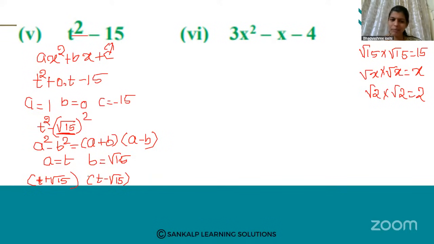Now next step is I will equate these two factors with 0. Okay. Then I will get t plus root 15 is equal to 0, t minus root 15 is equal to 0.